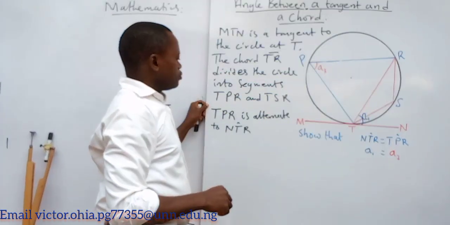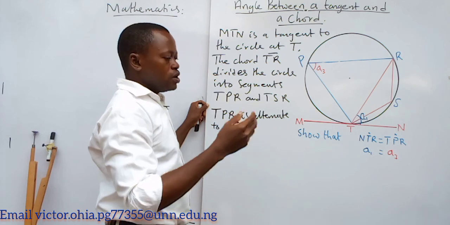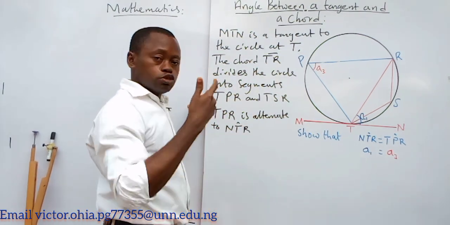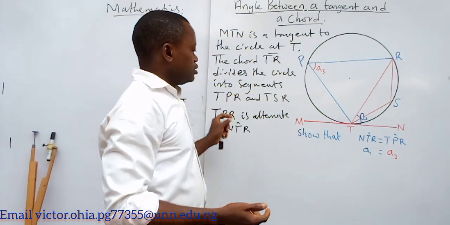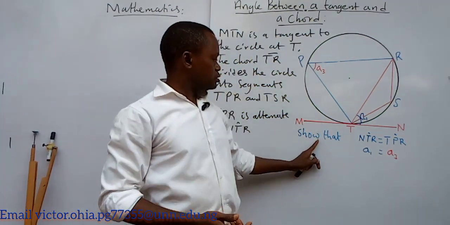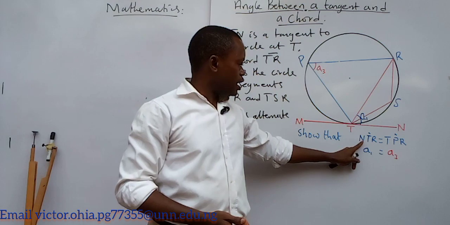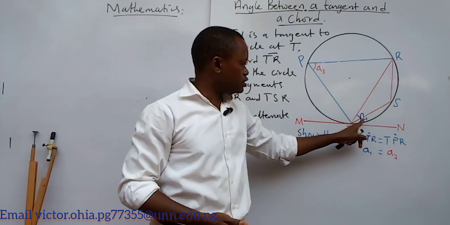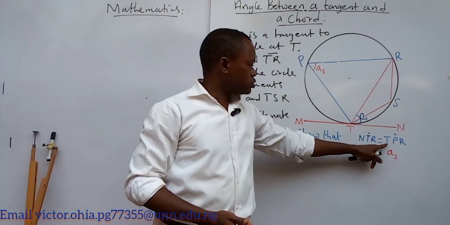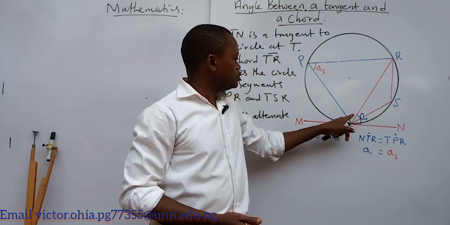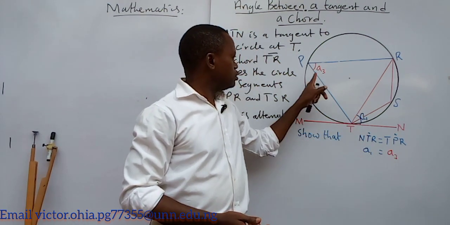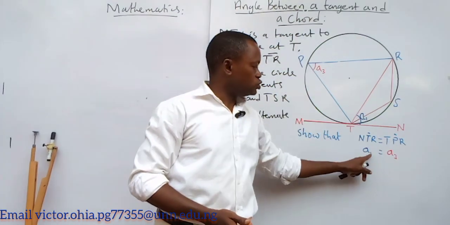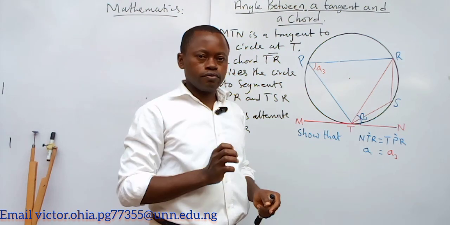Now the theorem we want to prove is this statement: show that this angle NTR, that is angle A1, is equal to the angle TPR, that is this angle A3. We want to show that these two angles are equal.